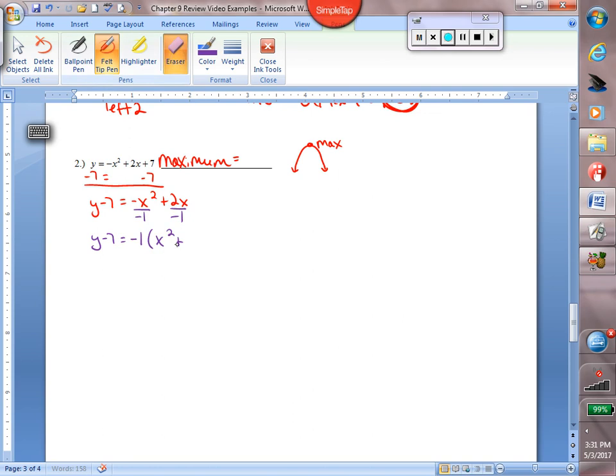That's our factored form. Positive 2 divided by negative 1, I'm going to have negative 2x. And now we complete our square for the expression in the parentheses. So that means we have b divided by 2. Then we square our negative 1.